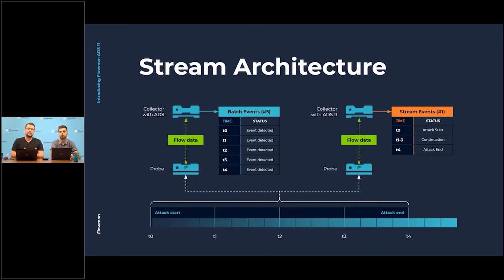If we take the old ADS version 10, where we process the flow data in 5-minute batches, for such an attack we would detect up to 5 events, one for each batch. So there is just one attack, but we detect it as an event multiple times.